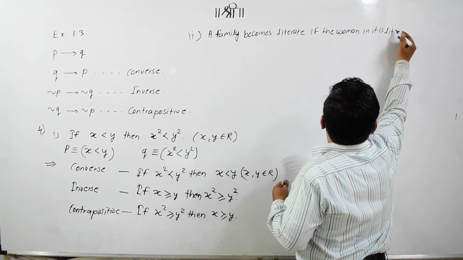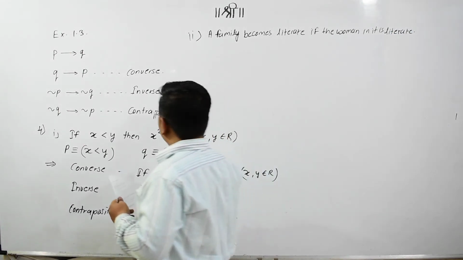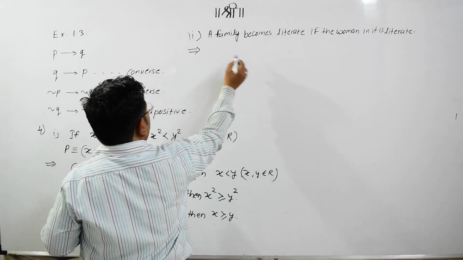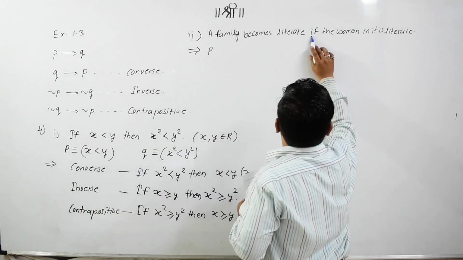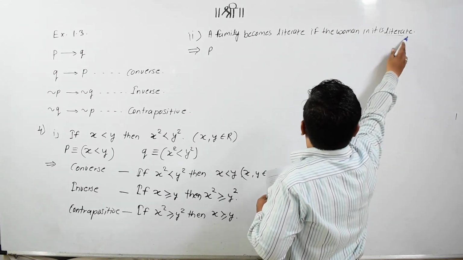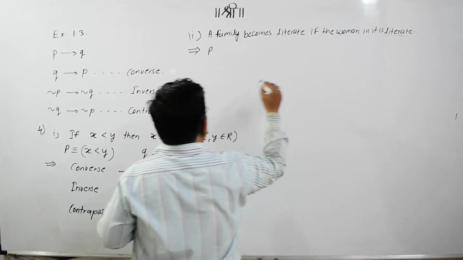Now first of all, what is P in this case? P should be the part after if. If the woman in it is literate, then the family becomes literate. So that should be our proper statement.